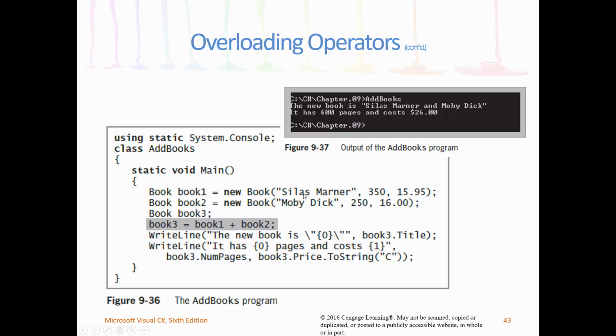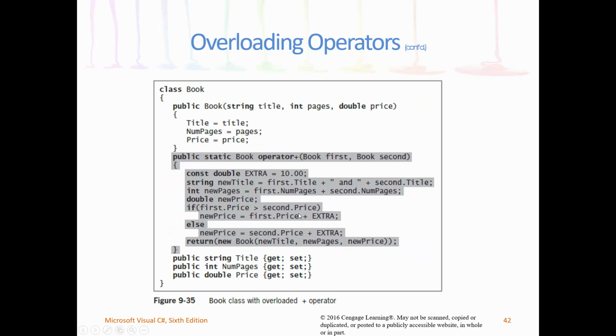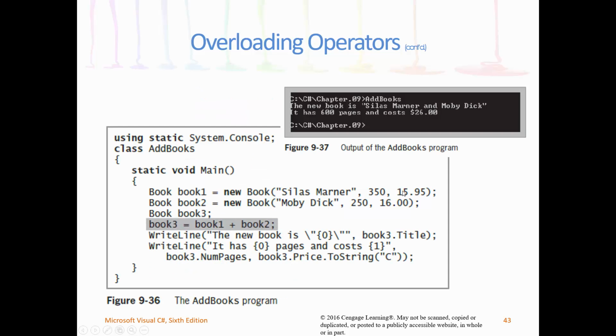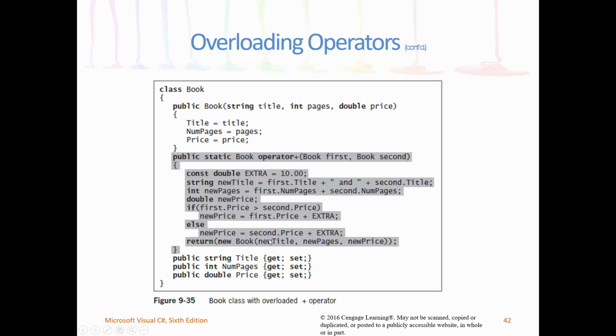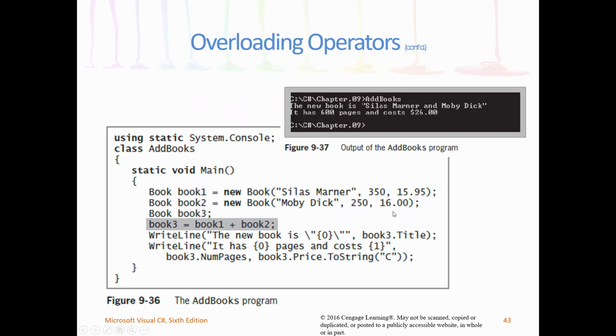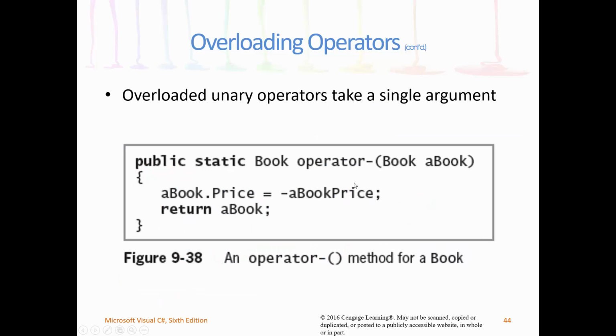So we are now able to say the new title is Silas Marner Moby Dick, and we're able to say how many pages it has, which is 350 and 250, which is 600, and the cost, which is $15.95, and it says if the first is greater than the second, and it's not, so we'd hit the else. So the new price is the second price plus 10. So it's 16 plus 10, which is 26. Kind of a convoluted example, probably not one you'd use very often.